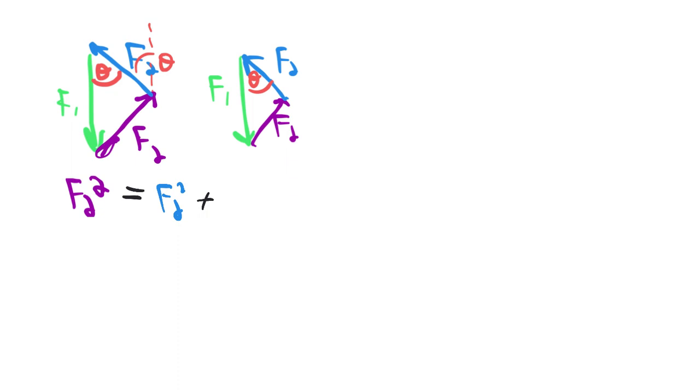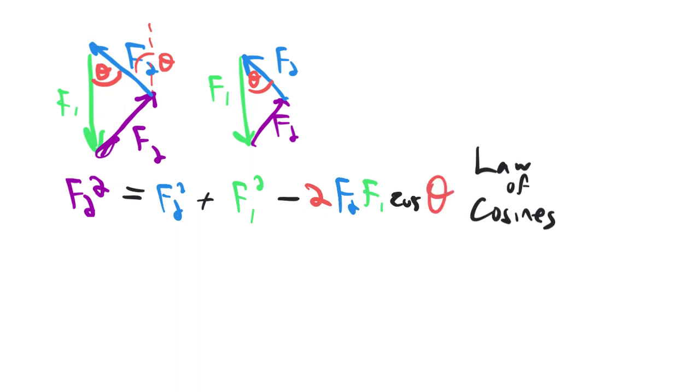Oops, sorry, wrong color. Minus, here, twice their product times the cosine of the angle between them. That is the law of cosines, which hopefully you learned in a geometry class.